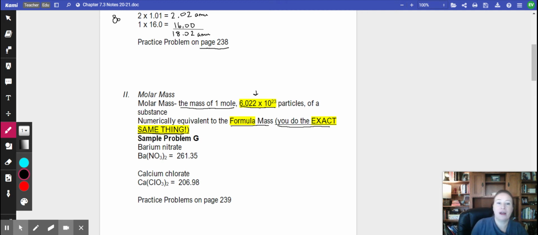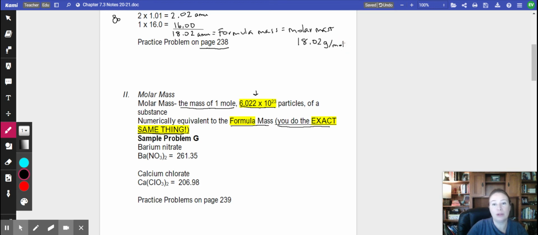So what we want is the molar mass. To find the molar mass, it's the exact same process. The only thing different are the units. So if I were to come up here for water, this is the formula mass of water. The molar mass is the exact same number, 18.02, but now instead of atomic mass units, that's how many grams there are per 1 mole of water.